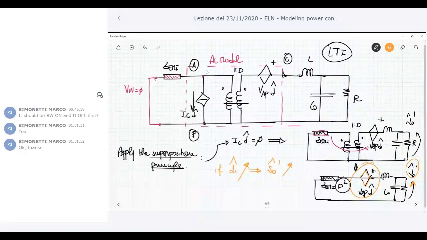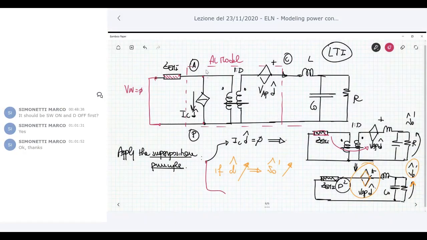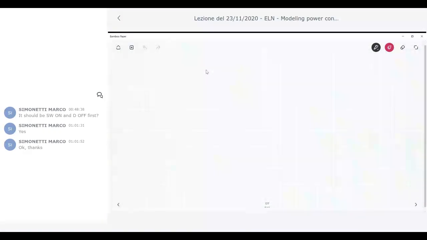Okay. Now look what happens, and this is what I can do in the next page. I have V A P D naught equal to 0. So I'm applying the superposition principle, so I have to apply one source at a time.